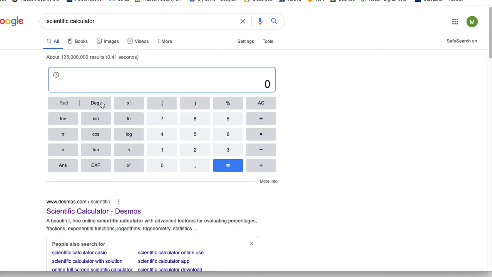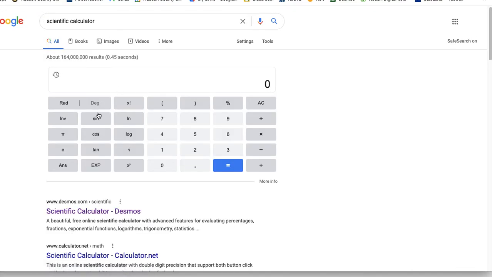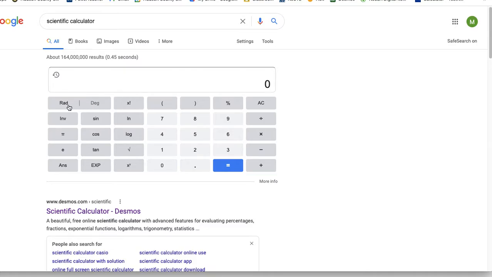Now I'm going to show you how to check to see if it's in degree mode. I usually press tangent 45, and when you press enter, your answer should be 1. I'll explain later in other videos why it's always equal to 1. Now if I refresh this, it's automatically at radian.